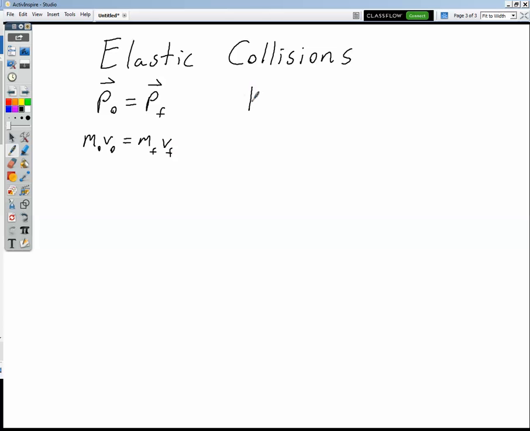Great. We also know that kinetic energy is conserved. So k naught is going to equal k final. So 1/2 m naught v naught squared would equal 1/2 m final v final squared. Now you can definitely use these two equations to solve your problem. And all of these types of problems are going to end up with two equations, two unknowns.